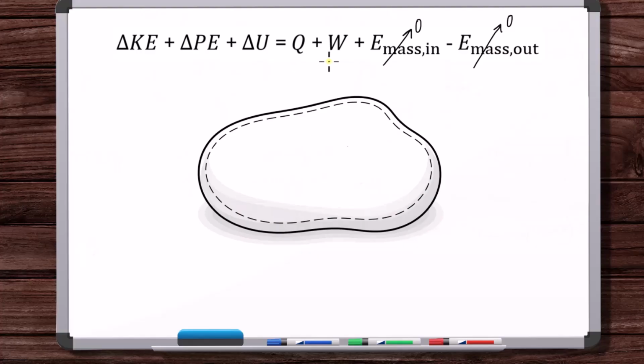Now, also in most cases when analyzing chemical reactions, the changes in the bulk kinetic energy and potential energy, these two terms, are going to be zero as well. Remember though, these two terms being zero is not saying that the entire system has no kinetic or potential energy. For example, almost every system that you analyze on Earth is going to have at least some gravitational potential energy.